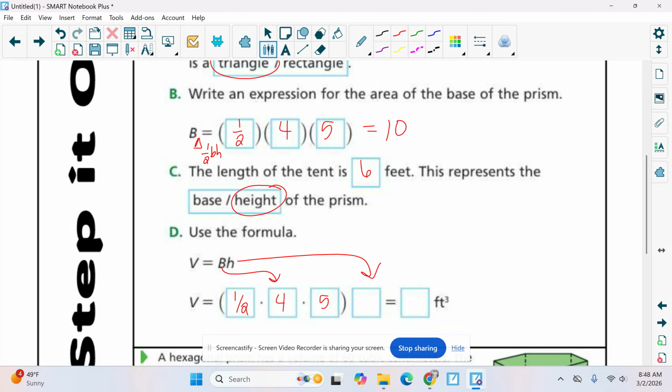Our height was 6. Well, we found out that this was 10 already, so what's 10 times 6? It's 60. 60 feet. Notice it's cubes. So we could stack 60 little cubes that measure 1 foot by 1 foot by 1 foot into the tent.